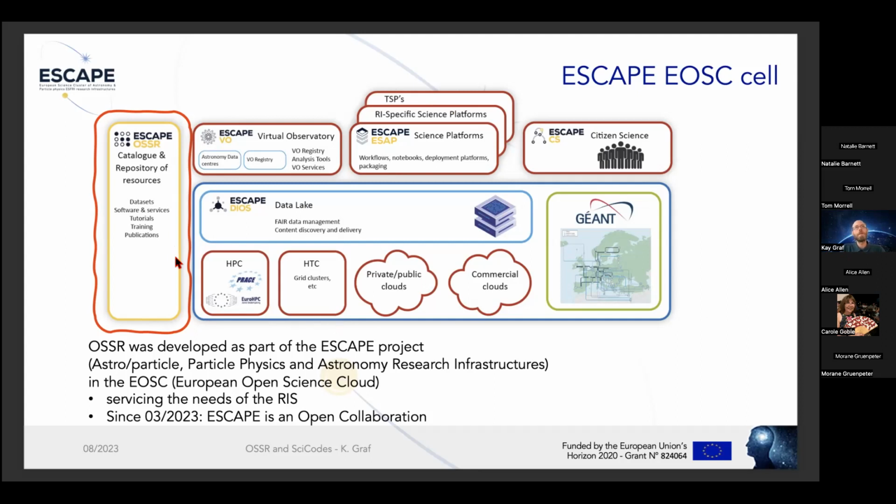This was 5 years in play, and since the end of that project, ESCAPE is now an open collaboration. There are quite a lot of different parts to the EOSC cell, like a virtual observatory, a data lake, a science platform, but also citizen science. But we are focusing here on our catalog and repository of resources.